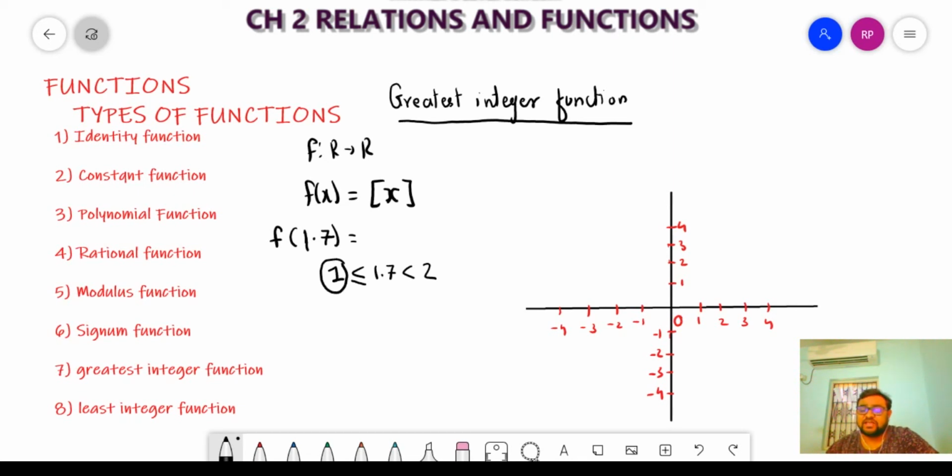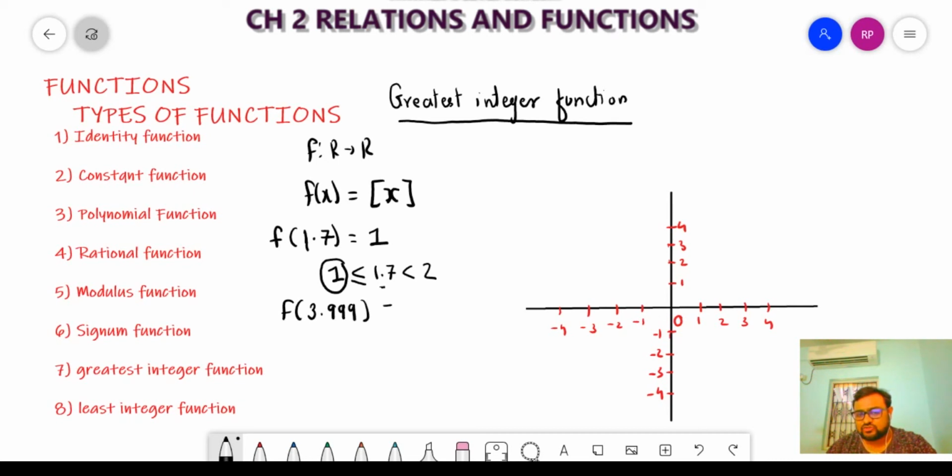Now which is the greatest integer? You can say 0, yes, that is less than 1.7, minus 2, yes, that is less than 1.7, but which is the greatest? Then it will be 1, right? So 1 is the greatest integer which is not greater than 1.7. If I take 2, then it will be greater than 1.7, right?